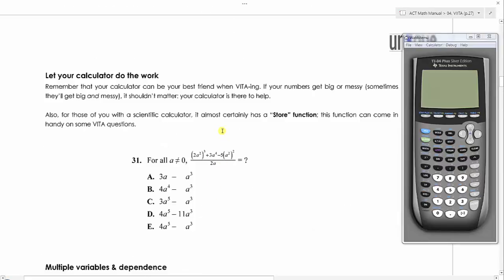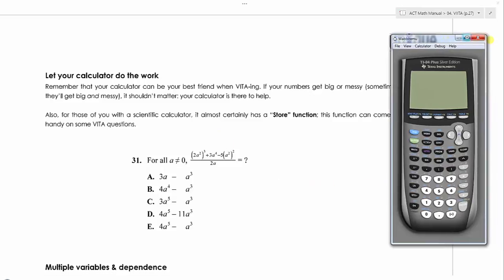calculators. One of the beautiful things of VITA, aside from the fact that it just generally makes questions a whole hell of a lot easier, is that we can use the calculator. The calculator can do a lot of our grunt work for us.